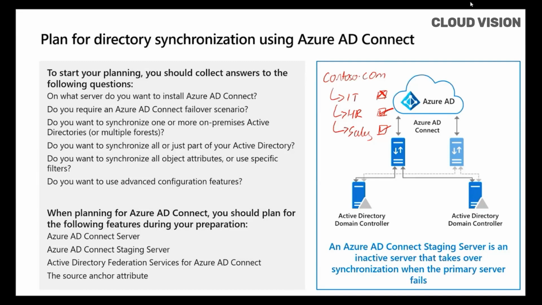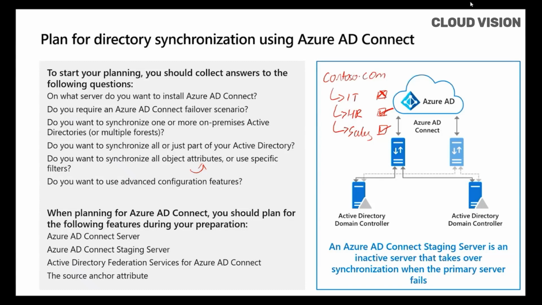And that is part of your custom setup that you do when you set up your Azure AD Connect. Similarly, there are other kinds of filtering that can be provided as well, such as attribute level filtering, domain level filtering, and so on.